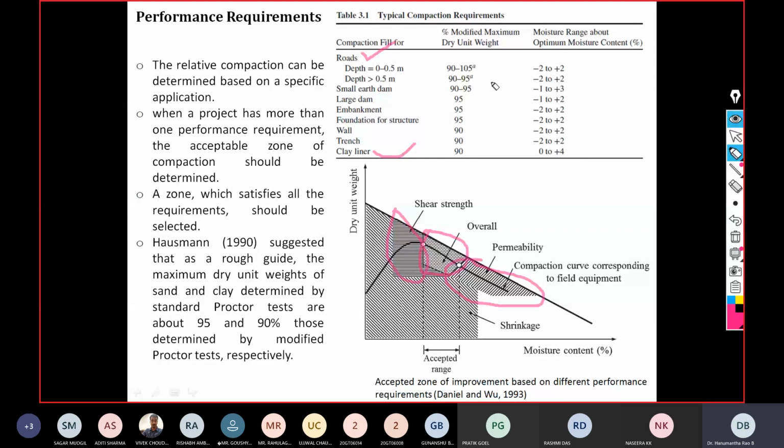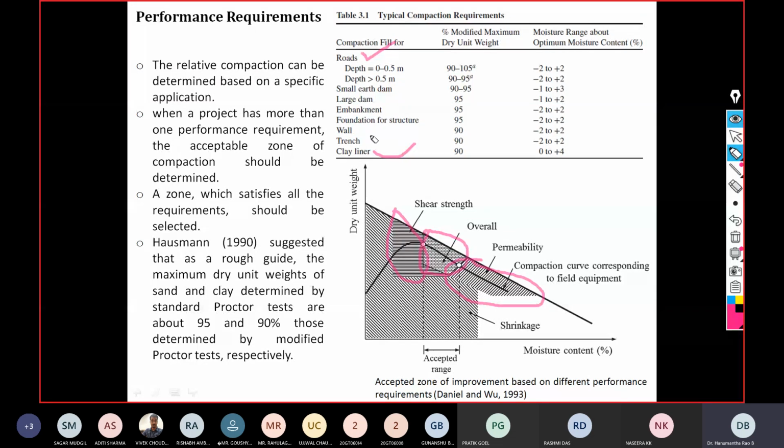So this kind of compaction curves, in fact, when you become a geotechnical engineer, you should prepare, indicating which portion is useful for what purpose, or which portion of the compaction curve is improving the property of the soil mass. So the relative compaction can be determined based on the specific application.